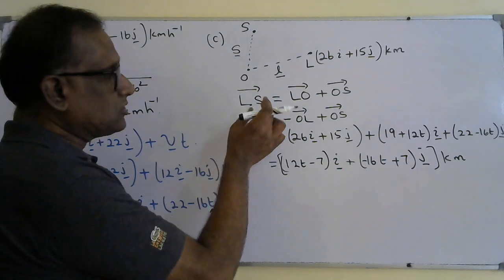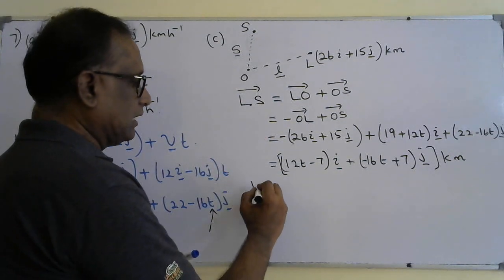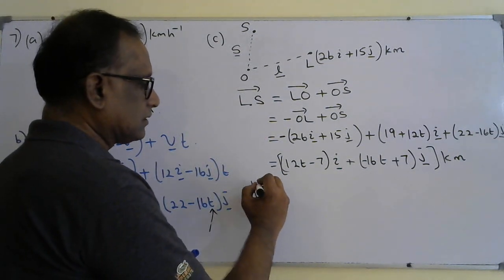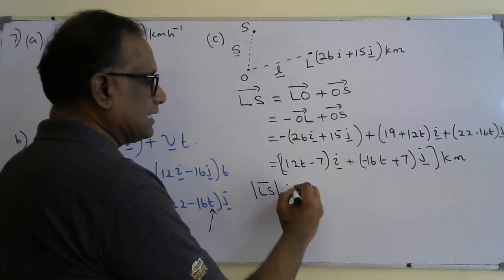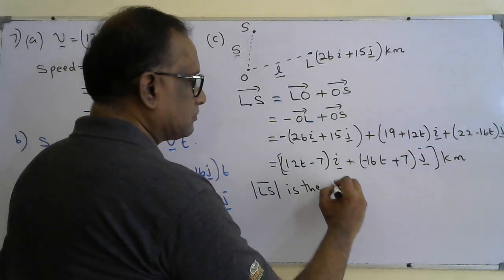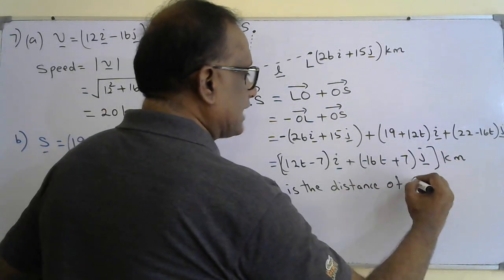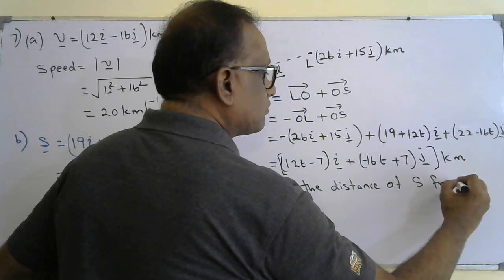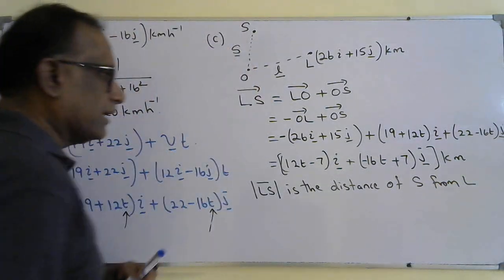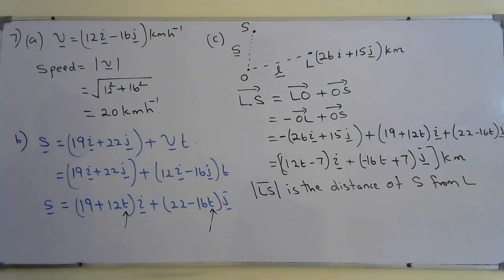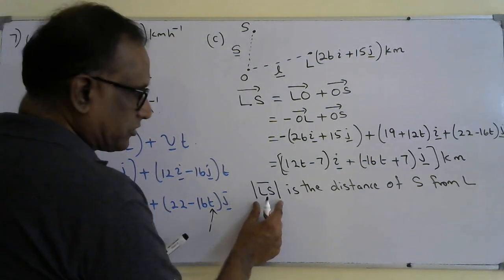That gives the distance of S from L. So mod LS is the distance of S from lighthouse L.